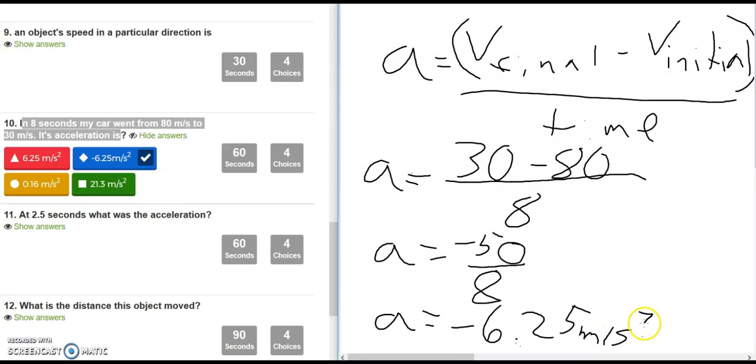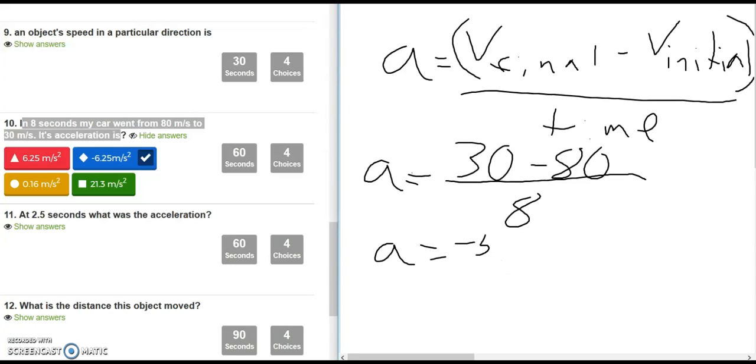Meter per second squared. Alright, so acceleration sometimes can be negative. It happens. When that does happen, that means the acceleration is decreasing. That means we're slowing down. So acceleration can totally be negative. That's a thing that can happen.